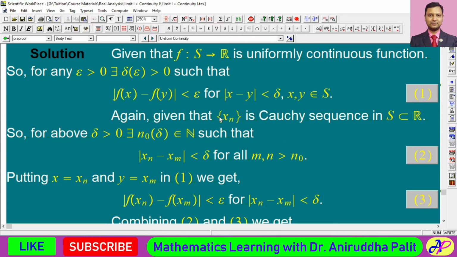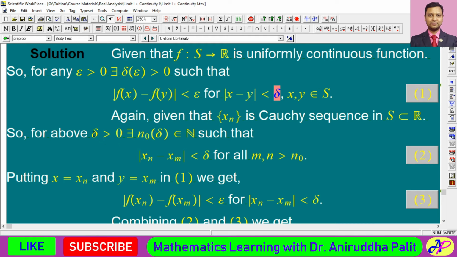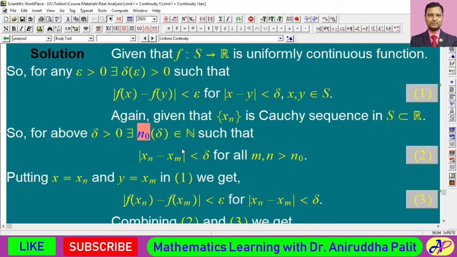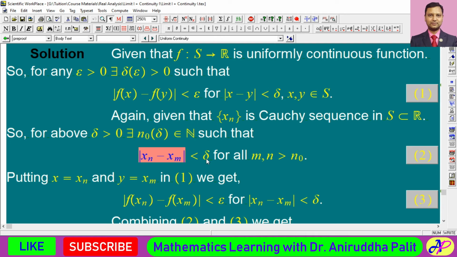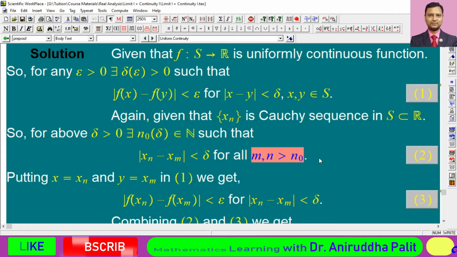Now we are given that this sequence x_n is a Cauchy sequence in the set capital S. As it's a Cauchy sequence in the set capital S, from the definition of Cauchy sequence, we can say that for this given delta greater than 0, there exists a natural number n0, and of course that natural number would ultimately depend on delta, such that modulus of x_n minus x_m is less than delta for m and n greater than n0.